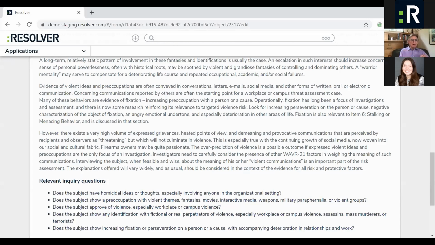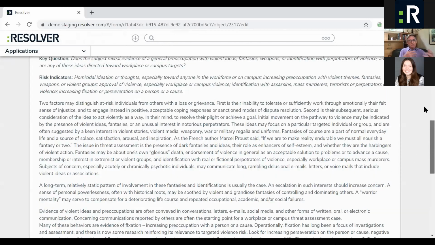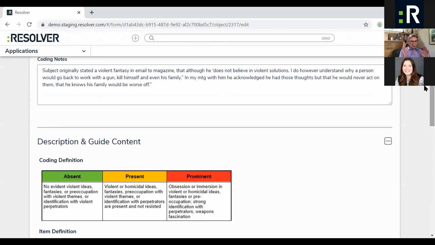And then that section finishes up with relevant inquiry questions for investigators. So you can see immediately you can go to the manual from the worksheet to find more information about that particular item, which is a very good way to learn threat assessment, because with cases, you see an item and then you dig into the knowledge base about it. Makes it very efficient that way.